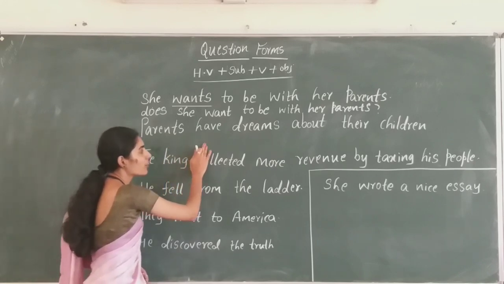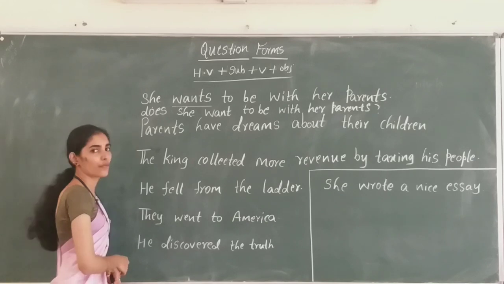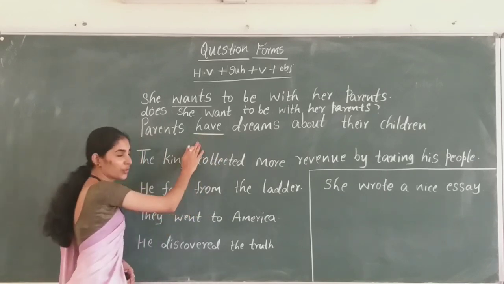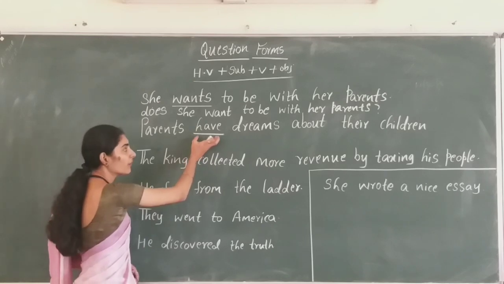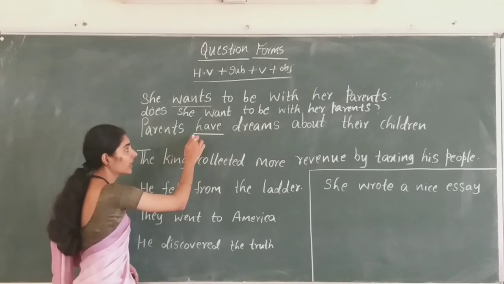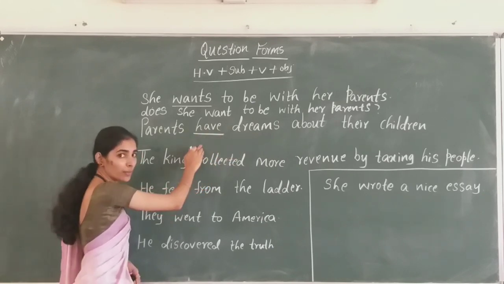Parents have dreams about their children. Now look at the verb here. Which is the verb? Have is the verb. I told you have is obviously an auxiliary verb, a helping verb, but here in this sentence, do you find any main or action verb?